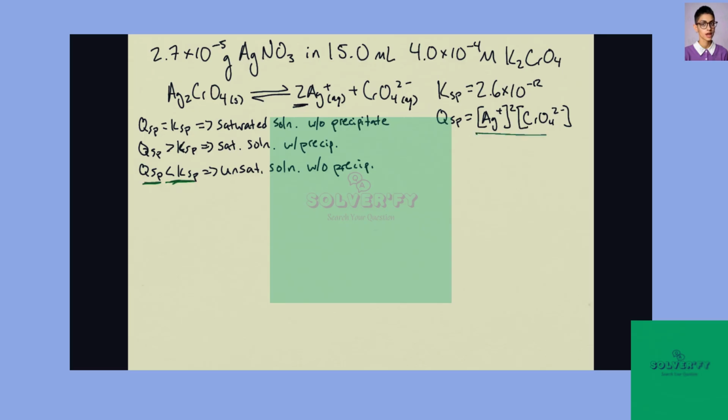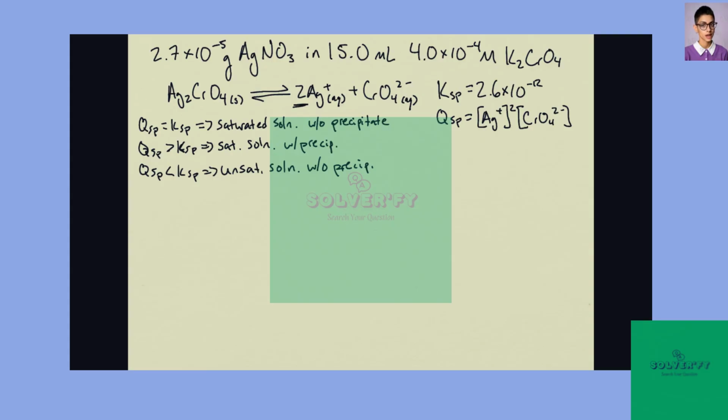We have less of these ions and the reaction shifts to the right, so we'll have less of this solid. If the QSP is equal to the KSP, then our system is in equilibrium, and so we have a saturated solution, but none of this solid will form. So let's do the calculations to see which of these is true in our case.